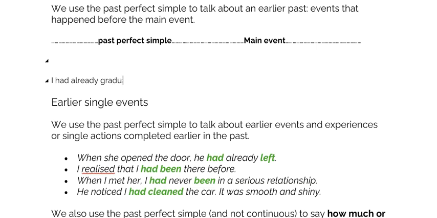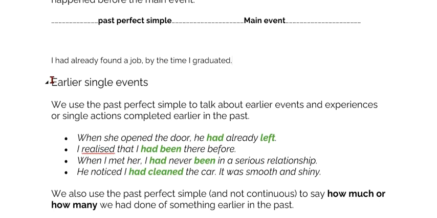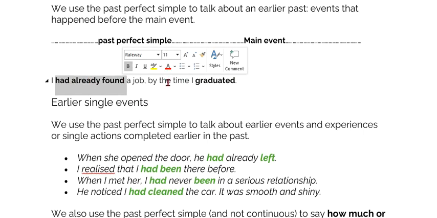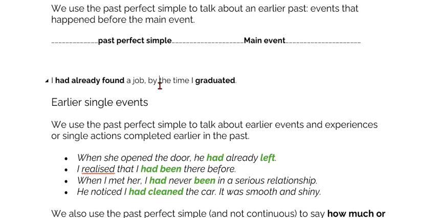I had already found a job, comma, by the time I graduated. So as we can see, everybody, we have I had already found a job in the flashback, and then we have the main event, I graduated. So you see, flashback, talking about an earlier event. I had already found a job earlier than when I graduated.